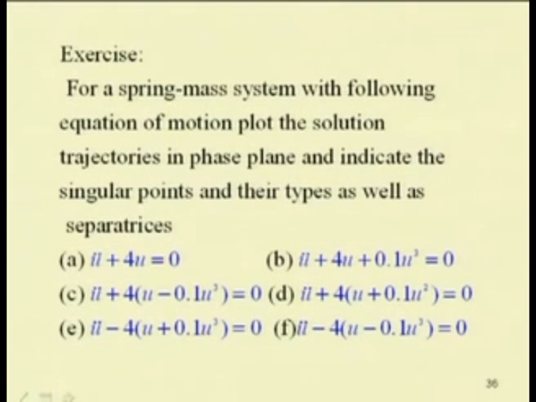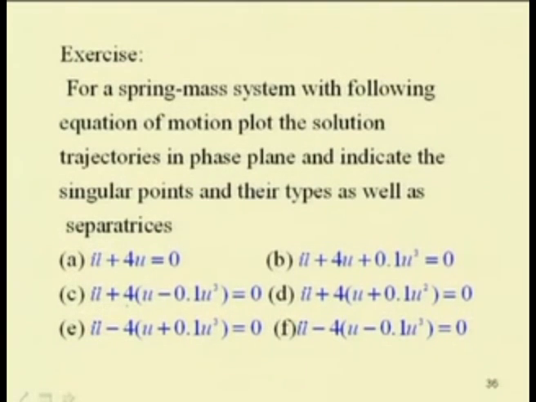You can find the trajectory. This trajectory is a center type. Similarly, you can find the trajectory for this case, u double dot plus 4 u plus 0.1 u cubed. In this case you can observe the saddle node, separatrix and center.